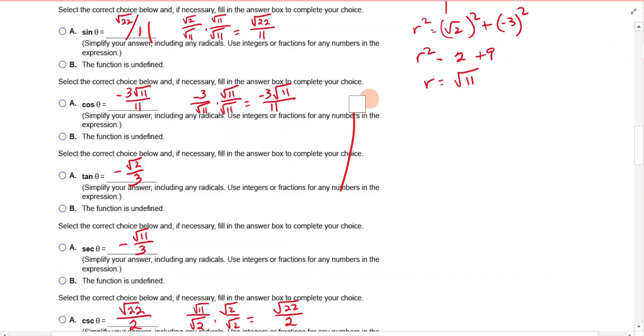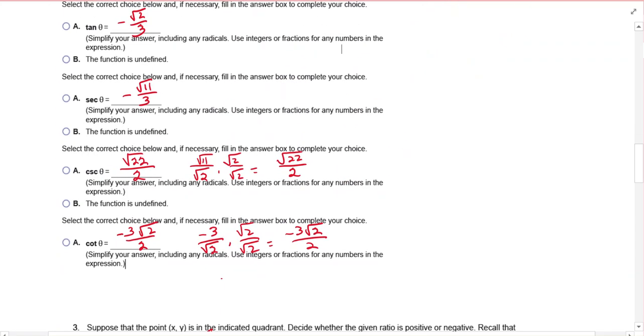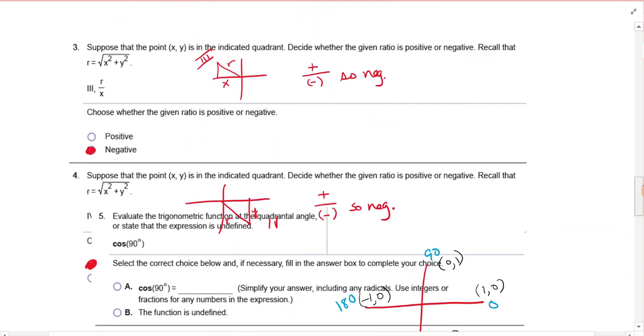And so when we go down here, we have square root of 11 over square root of 2. Rationalize it, and you end up with square root of 22 over 2. Cotan, here's our tangent, negative square root of 2 over 3. So I flipped it. I rationalized, so we have -3 square roots of 2 over just a plain 2 on the bottom. So you have to do a little algebra stuff there, so keep that in mind.